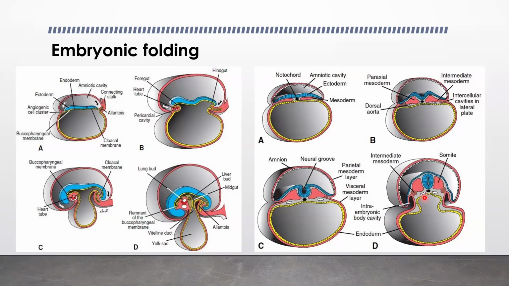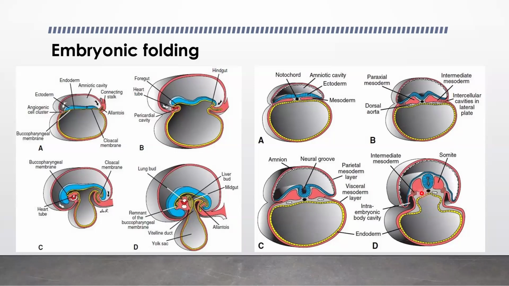In image D here, you can see we have already differentiated the mesoderm. We can appreciate the process of folding is happening. At this point, this is lateral folding. And this lateral folding is leading to formation of, first of all, the primordial gut. So you can see the yolk sac becomes incorporated into this developing embryo that you can see here.